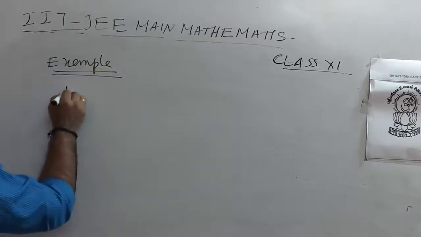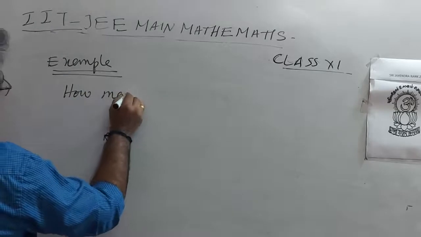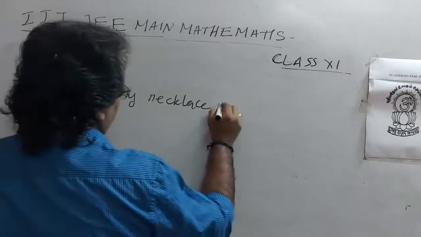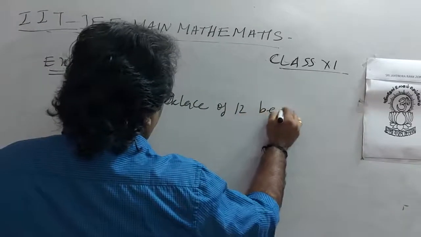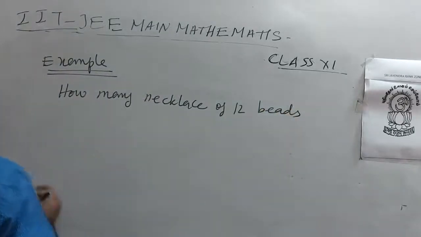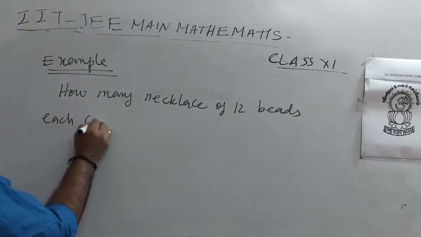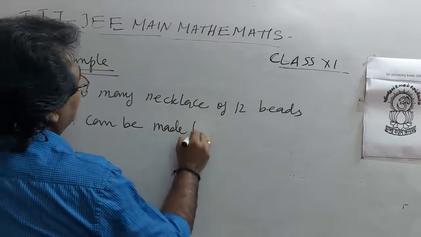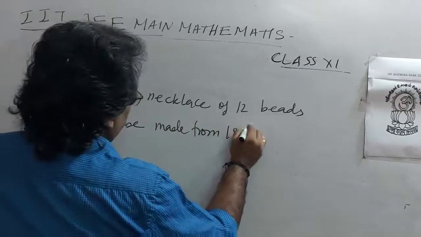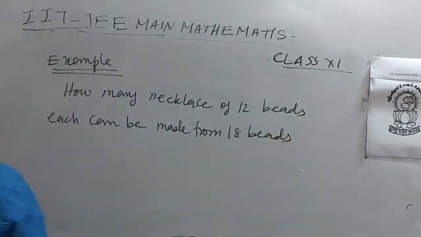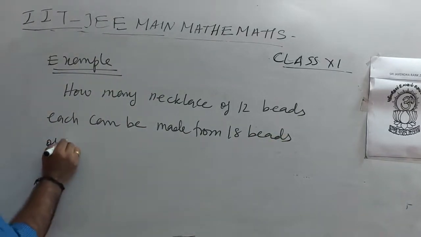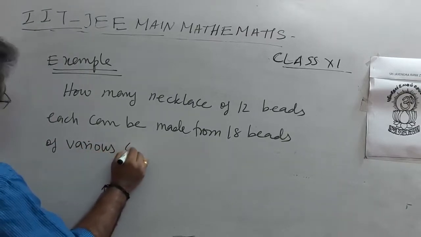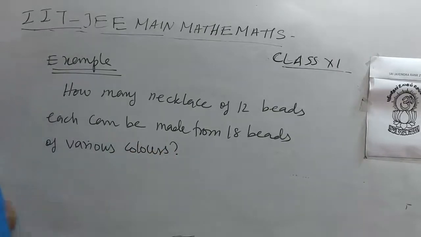Example: how many necklaces of 12 beads each can be made from 18 beads of various colors?